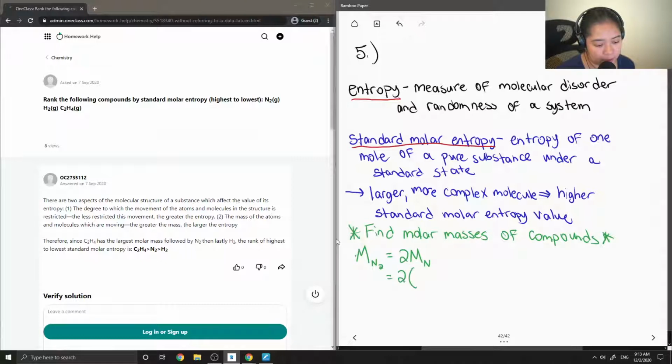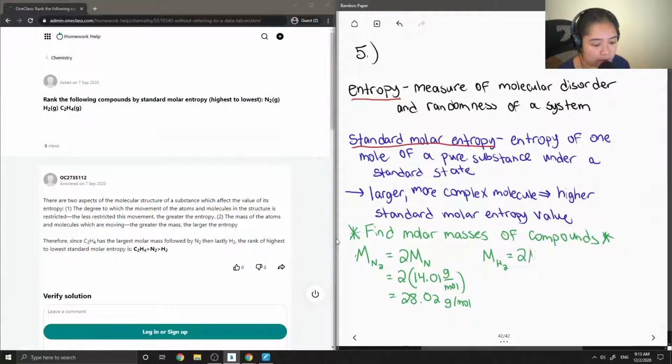The atomic mass of nitrogen, again, can be found on the periodic table. It's 14.01 grams per mole. So this gives us a total molar mass of 28.02 grams per mole. We can do the same thing for our next gas, which is hydrogen gas.